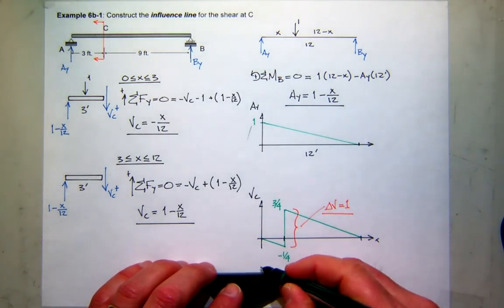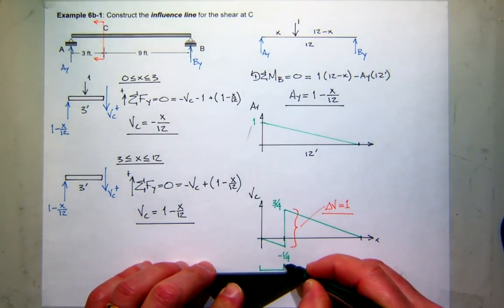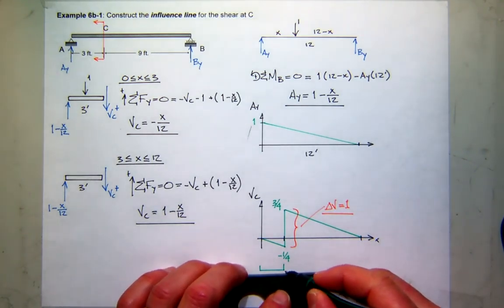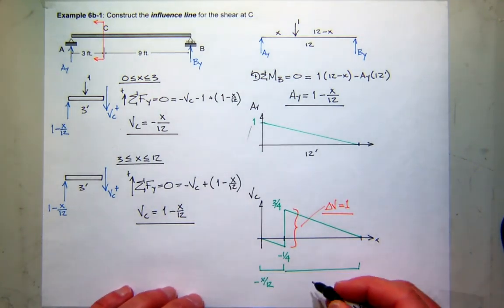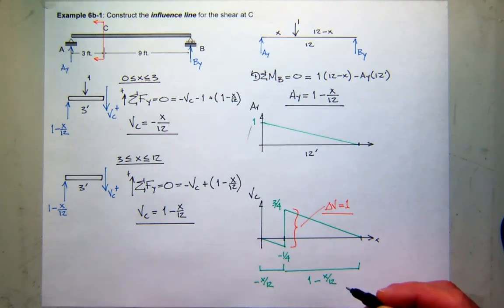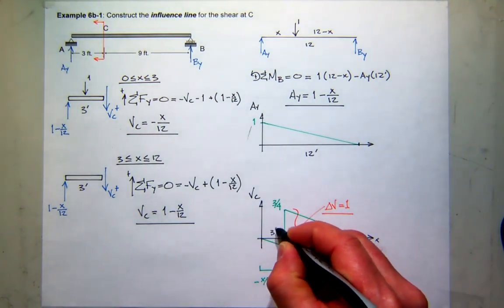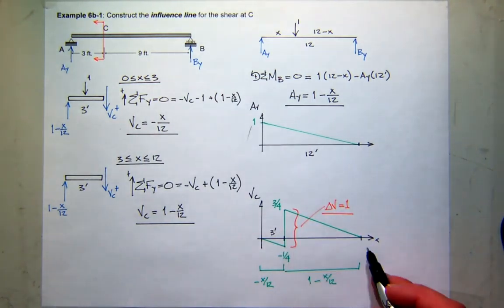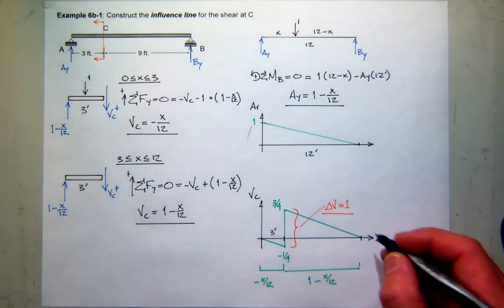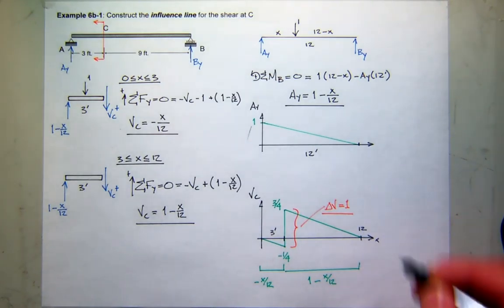So this equation right here is minus x over 12, and then this equation here is 1 minus x over 12. So this equation is good from 0 to 3. Right. And this one's good for the next 9 feet, 3 to 12. Because remember, this distance over here is 12.